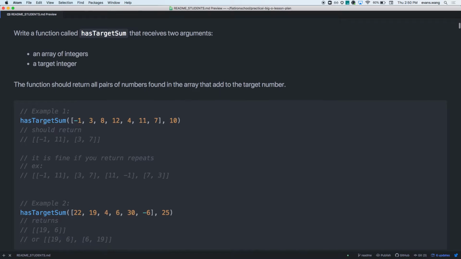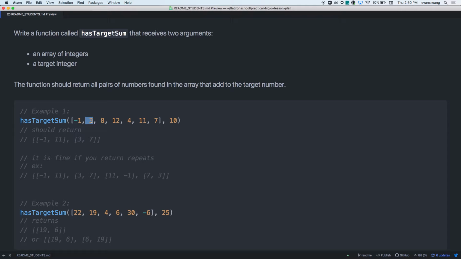So here, the function hasTargetSum, when run, takes in an array of integers and a target integer. In this array of integers, I'm looking for all the pairs of numbers that add to the target number. So for example, -1 and 3 add up to what? 2. Very good.